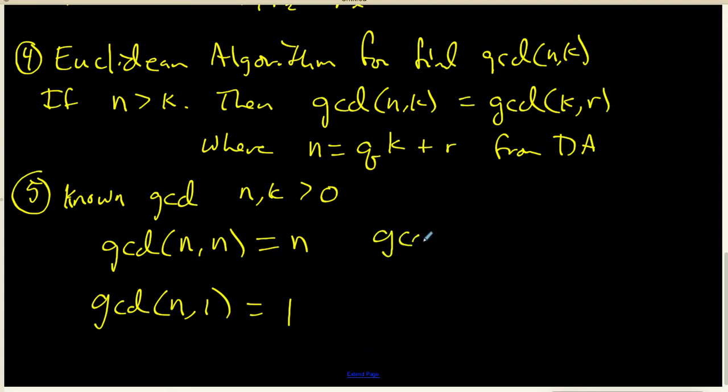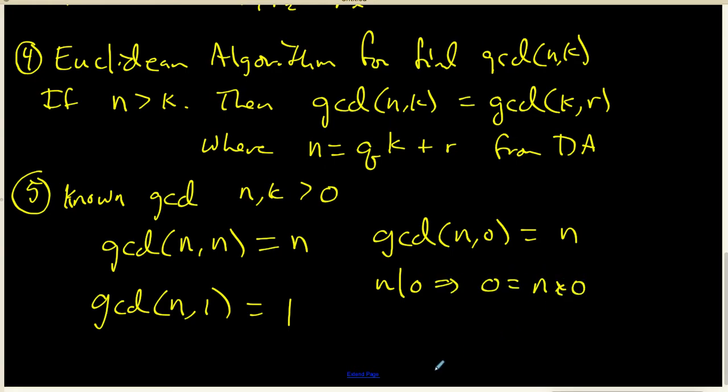The GCD of n and 0 is going to be n, because n will divide both n and 0, and n plus 1 won't divide n, so it won't divide both n and 0. It's important to realize that anything divides 0. So n divides 0 because 0 is equal to n times 0 plus 0.